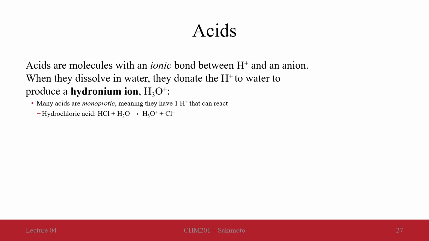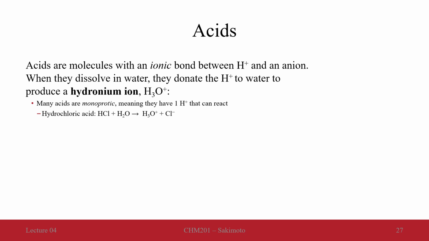Something like HCl, we call hydrochloric acid, because it consists of a hydrogen ionically bonded to a chlorine. This hydrogen really exists as an H+ cation that when mixed with water can be donated, transferred to this water to form H3O+ and Cl-, new molecules under this chemical transformation.